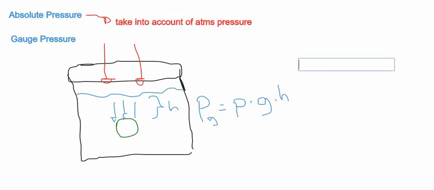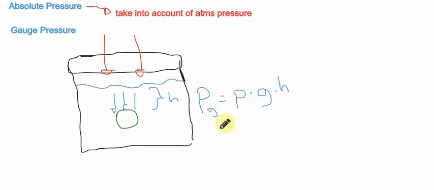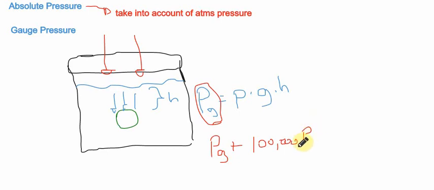And it might be as simple as just taking your gauge pressure, so if you find your Pg, and just adding on the 100,000 pascals. But it really depends on which unit the pressure is in. But for the absolute pressure, all you have to do is take your gauge pressure and add in the atmospheric pressure.